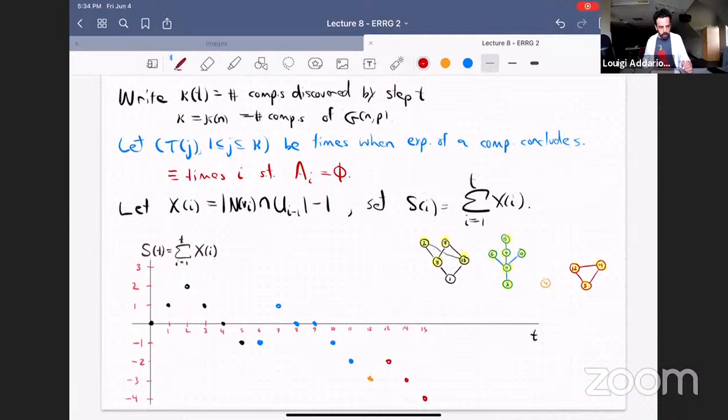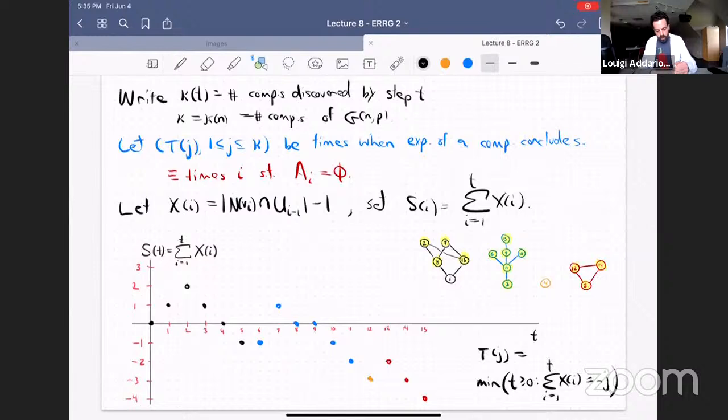And you can instantly see from the drawing that it gives us another representation of these times Tj. The time when we finish exploring the jth component is the same as the first time t that the sum of xi for i from 1 to t is equal to minus j.